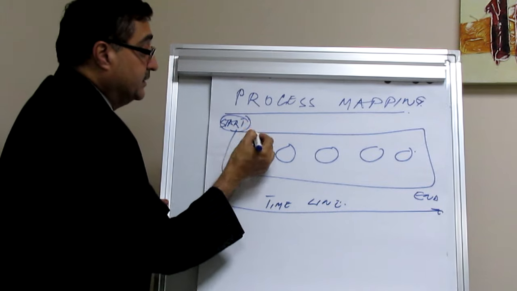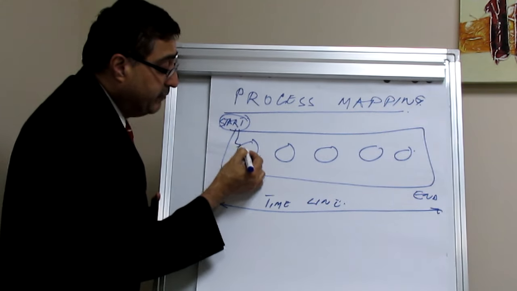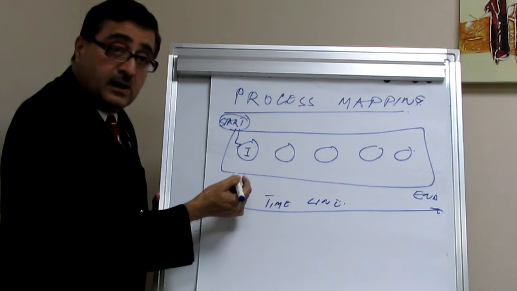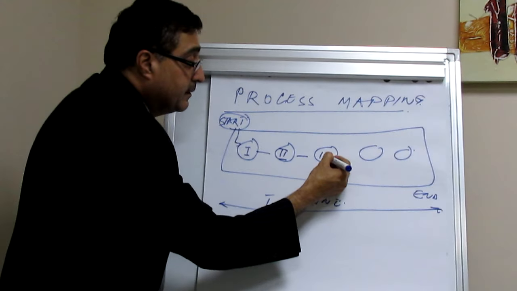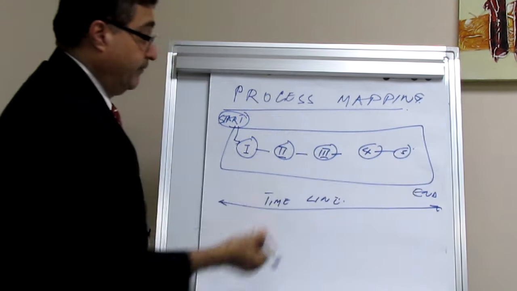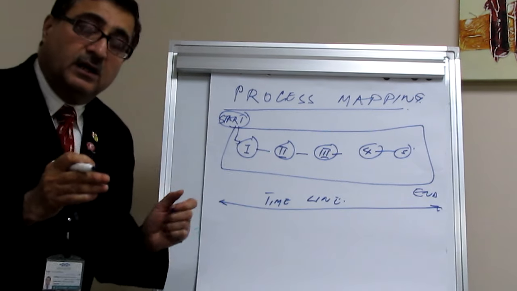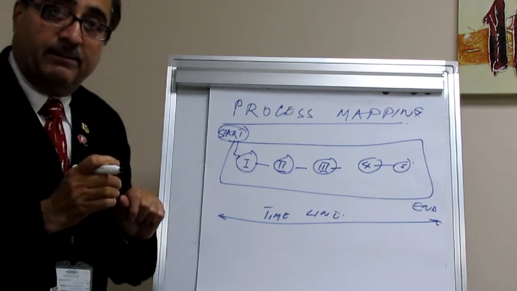From here the process starts. It flows like the first step, then second step, then third, fourth, and fifth. This, in a nutshell, in basic terminology, is a process map.